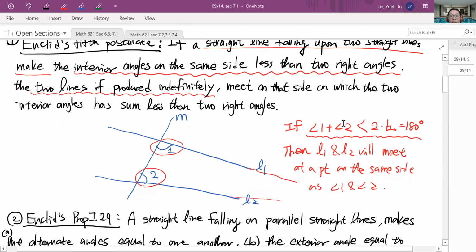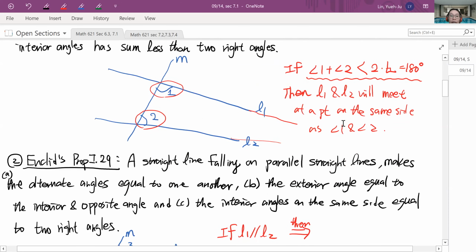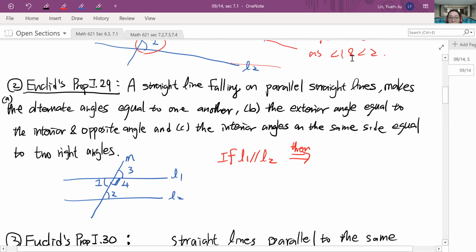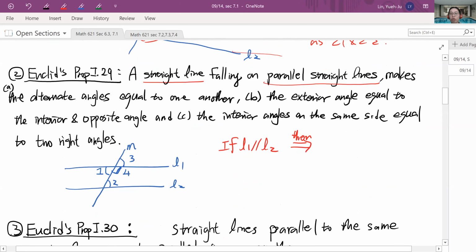The second statement, which we're going to prove is equivalent to the first one, is what we call proposition 1.29. It says if a straight line falls on 2 parallel lines, then it's going to have three conclusions. You can see the picture here. If L1 is parallel to L2, then we have three things.